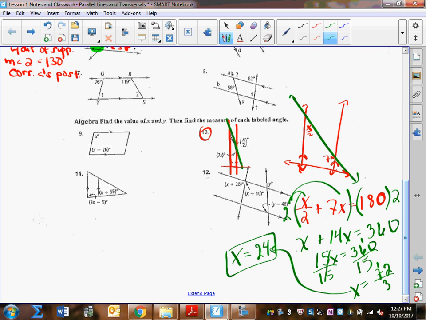Am I done? No. Oh, what else did I have to do? Plug in x. Yeah, I have to find x, y, and then find the measure of each labeled angle. Remember in geometry, they love to ask for more. You're out of algebra land, they're always going to ask for more now. So if I take 24, let's do it with this guy. If I take 24, put it back in, what do I get? 12.